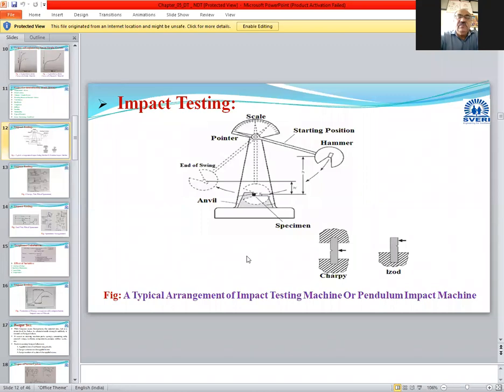So whenever impact loading is there, then there is a need to decide the material in such a way that it can absorb the maximum energy. So what is that energy? It depends upon the materials. We can select the material for a particular manufacturing process, and that is decided by the impact test.